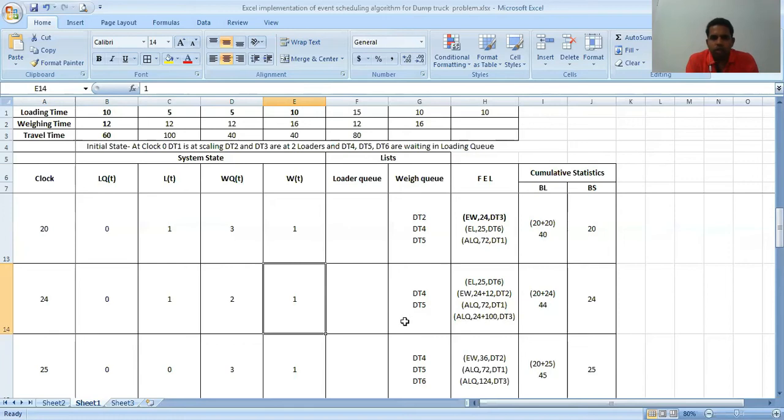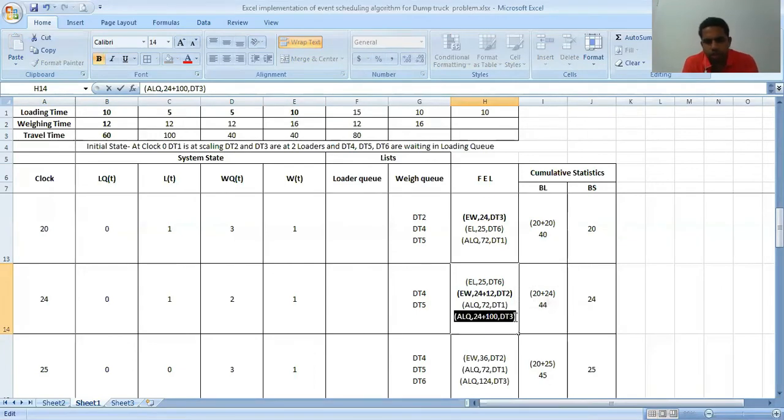Because one of the dump trucks has gone for weighing, you have to include a notice for that dump truck, and one of the dump trucks has gone for traveling, so you have to include a new notice related to this dump truck. End of weighing will complete after 12 clock times.